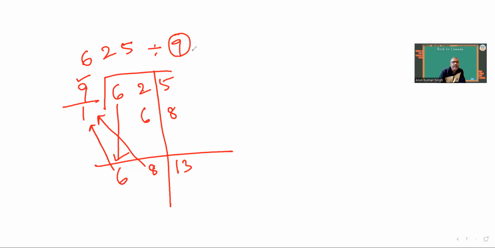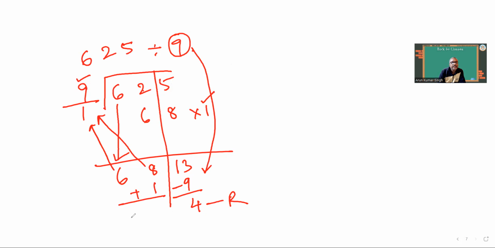So I will be subtracting 9 times 1. So 9 is subtracted, it is 4. So 4 is my remainder. And as I have subtracted 1 time, so 1 will be added here. So it is 69. So you can say that quotient is 69 and remainder is 4.